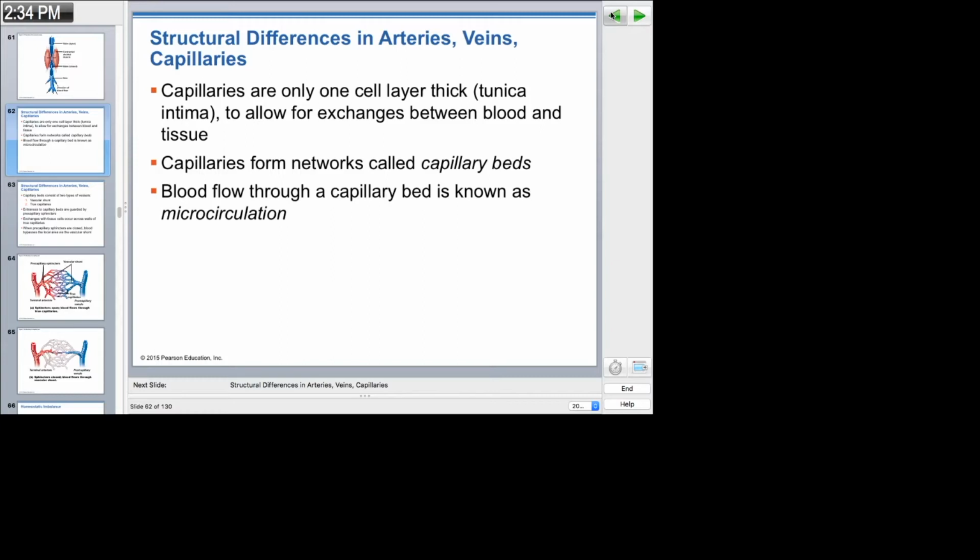Capillaries are only one cell layer thick. They don't have the tunica externa. They don't have the tunica media. They only have that tunica intima layer, which means it's one cell layer thick, which is what allows or where the exchange of nutrients and blood happens between the blood vessels and the tissues.